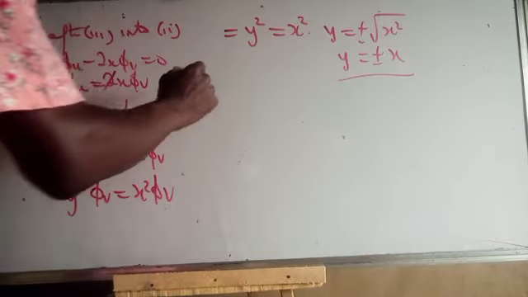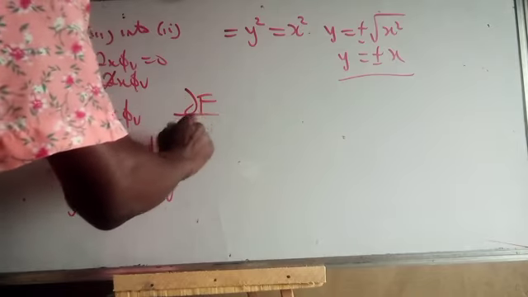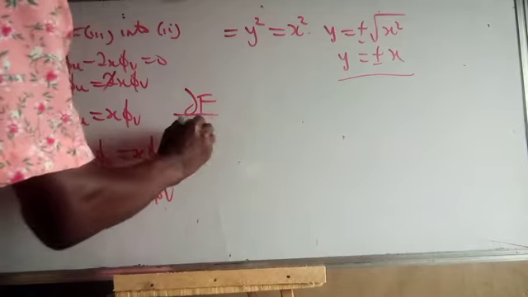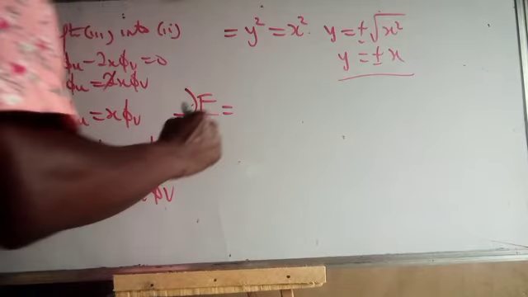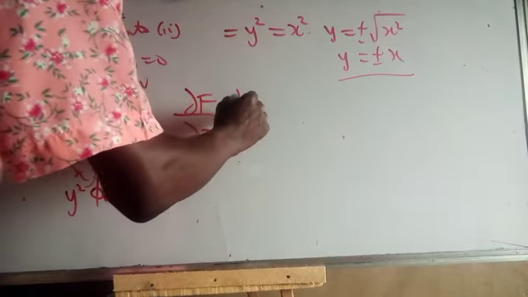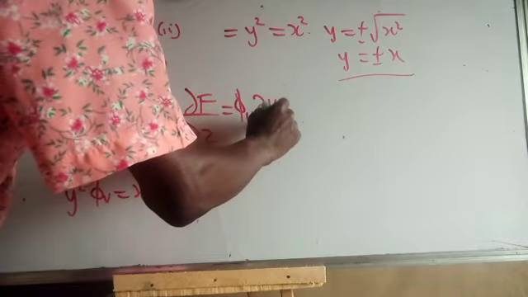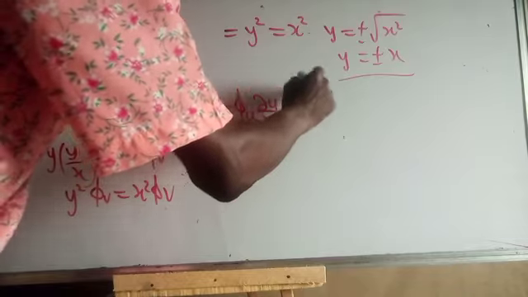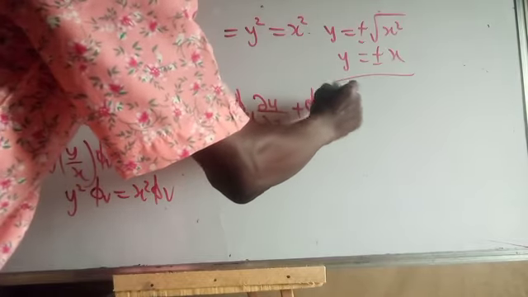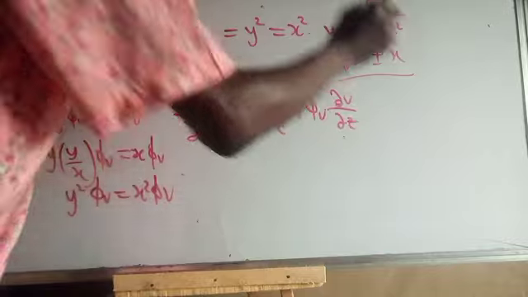The partial derivative of the function, that is, the f dz, will be equal to what? Will be equal to phi u du dz plus phi v dv dz.